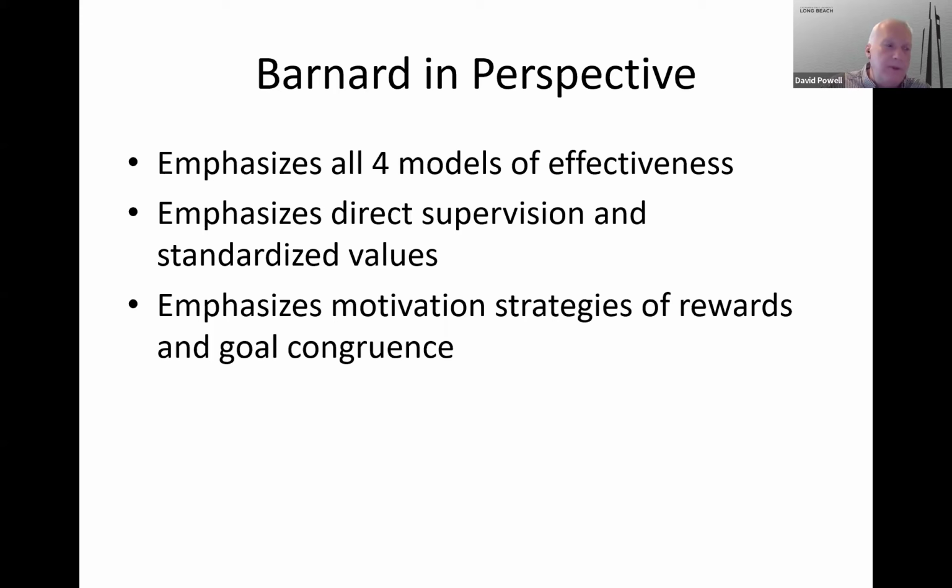Group acceptance, I believe, is much more for the formal groups within the organization as opposed to the informal groups. And then certainly some goal congruence, because what we are hoping to see here is that individuals and the organization will both have as their ultimate goal the survival of the agency into the future.